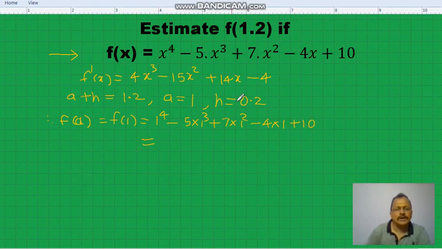This is equal to 1 plus 7, 8, 8 plus 10, 18, 18 minus 9, it is equal to 9.